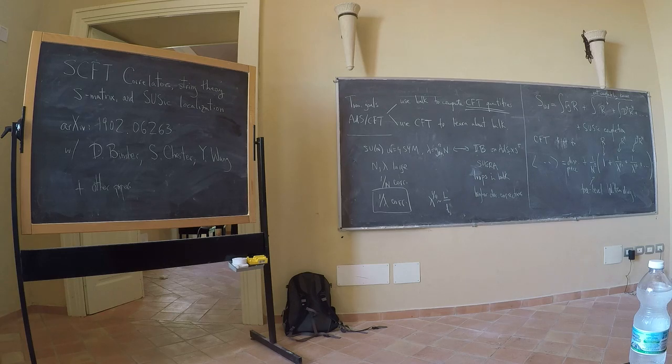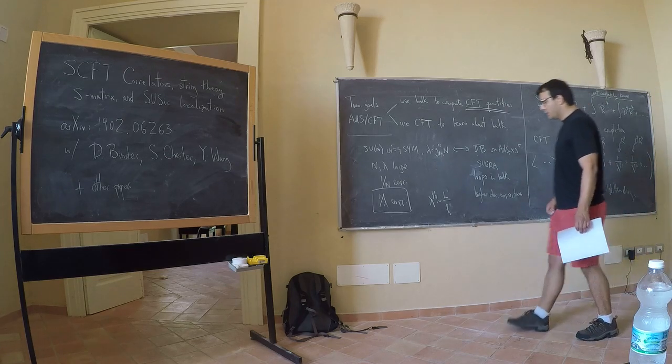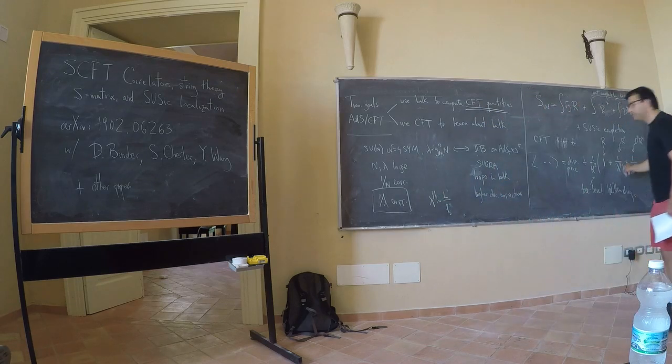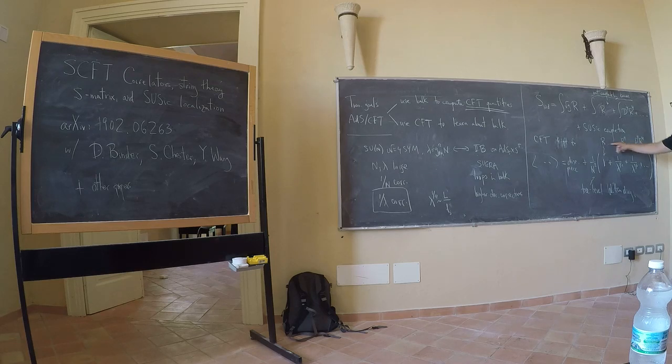And the point is that this term over here has 6 more derivatives compared to that term. So its contribution is going to be suppressed by a power of 1 over the radius of AdS to the 6th power, and 1 over the radius of AdS to the 6th power is lambda to the 3/2. So that's the reason for these scalings. And this has 10 more derivatives, so this has 6 more compared to that, and this has 10 more compared to that. So it's going to go like 1 over lambda to the 5/2.